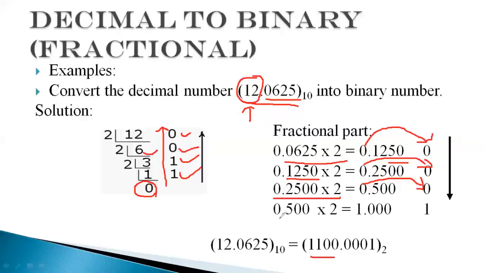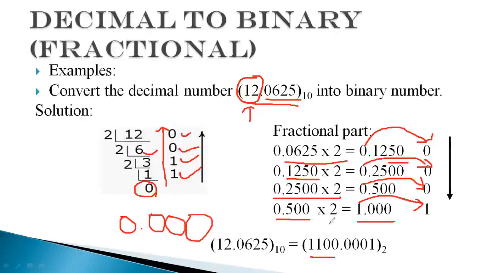Now the last one, the last value was 0.500 multiplied by 2. The output is 1.000. Extract the value given before the decimal part, which is 1. So once I subtract 1 from this number, we get the resultant as 0.000.